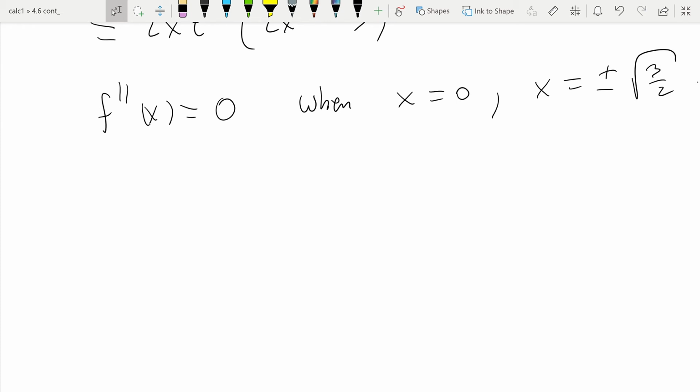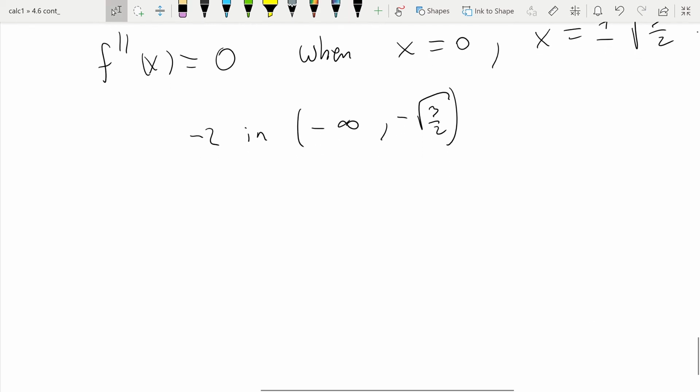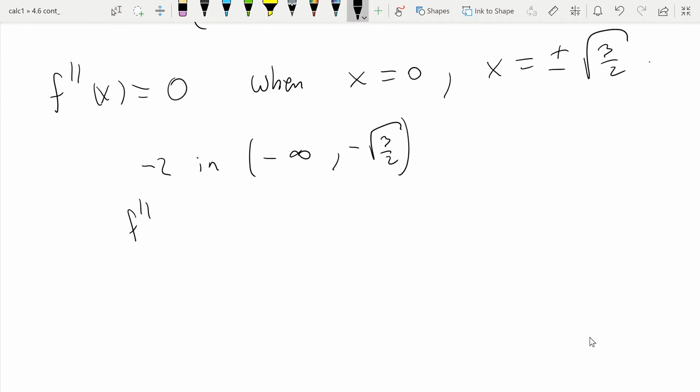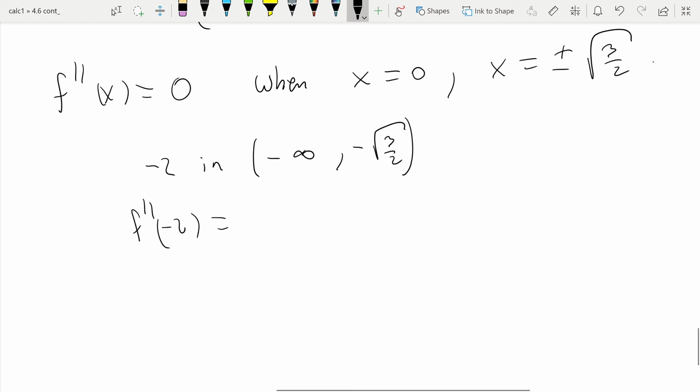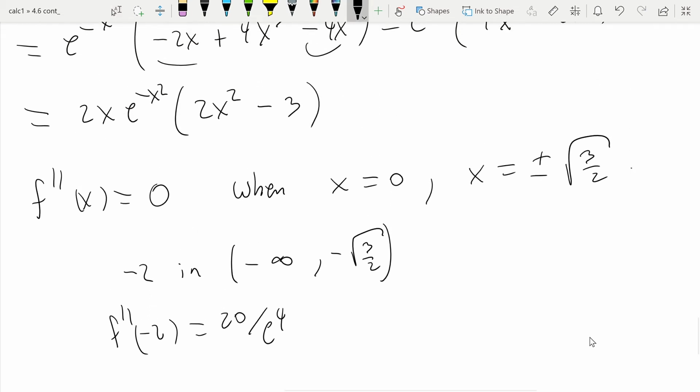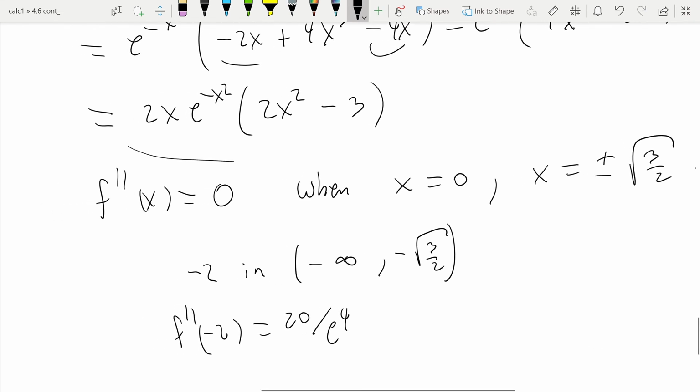Okay, so we find a point, say minus 2, which is in the interval minus infinity, minus square root of 3 over 2. And when we compute f double prime at minus 2, it gives us 20 over e to the 4th. I'm simply plugging this minus 2 in this formula here.